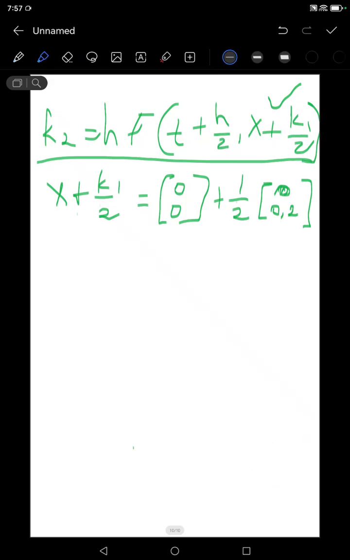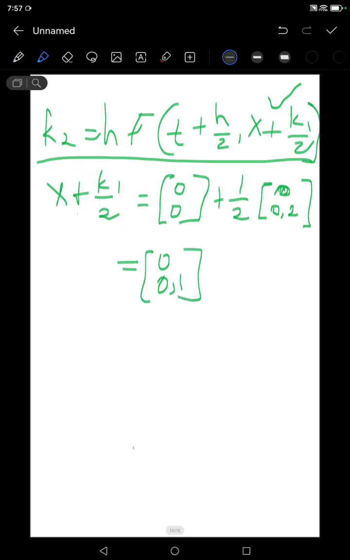Okay, and now we're still on k2. We start by getting x plus k1 over 2. Remember, the x from the initial condition is 0, 0, and then we calculate this, so half multiplied by 0 is 0, then half multiplied by 0.2 is 0.1.